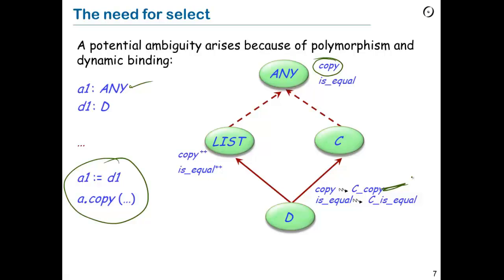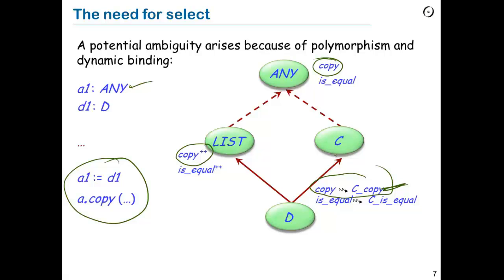So C copy is really copy, but now we have the one known as copy, which has been redefined. Note that it's a bit paradoxical in this case, because the one which has the original name is not the same feature, it's been redefined, it's the one on the left. The one that is the same feature has a new name. So it's a bit paradoxical, but of course it's completely possible with this distinction between feature names and features.